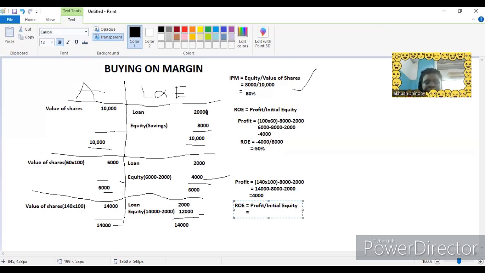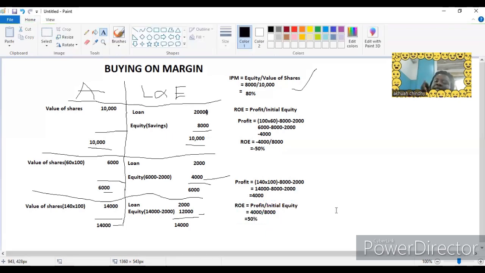So we have 4,000 over 8,000, which gives 50%. So our return on equity is 50%.